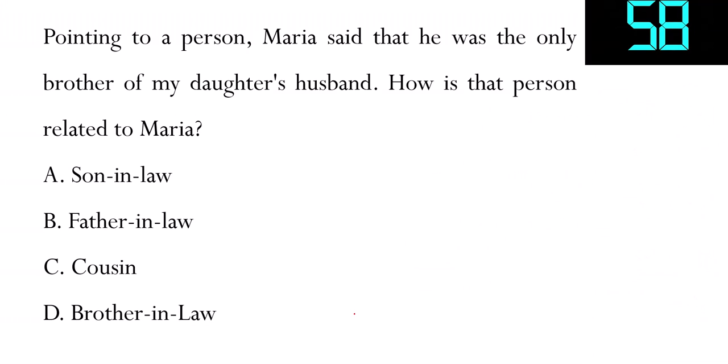Right. And as mentioned, they're asking blood relations, so check this out. Pointing to a person, Maria said that he was the only brother of my. The person is male; we got it because of the word he. My means here Maria.